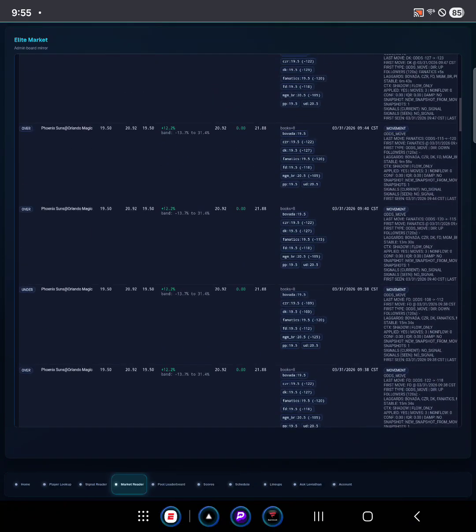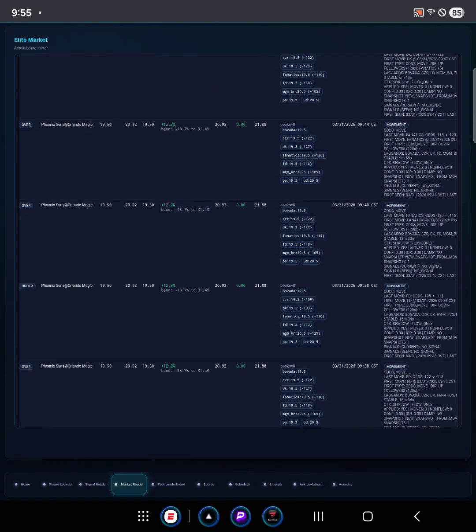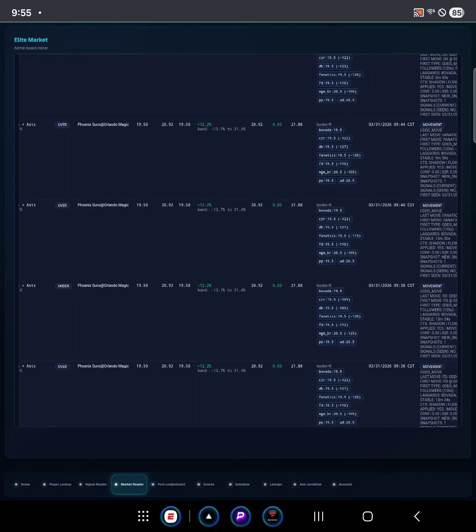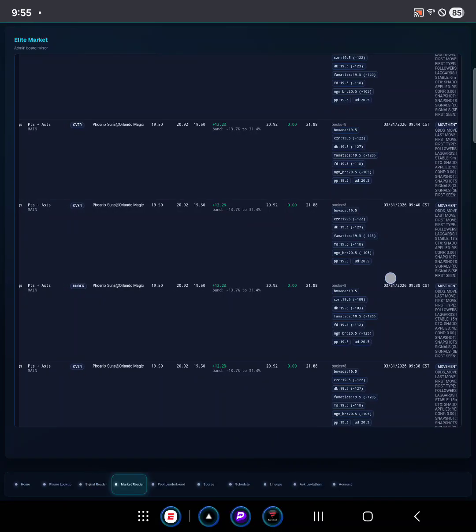Like right here. If I was looking at this right here and I was on MGM and I noticed that, hey, all the other books have him as a favorite at 19.5, but BetMGM has him at minus 105 at 20.5.